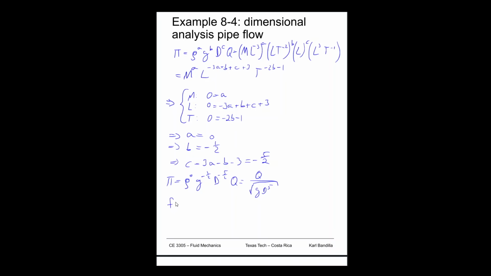So we can write that as our function. We can say f of Q over the square root of G D to the 5th is equal to 0.